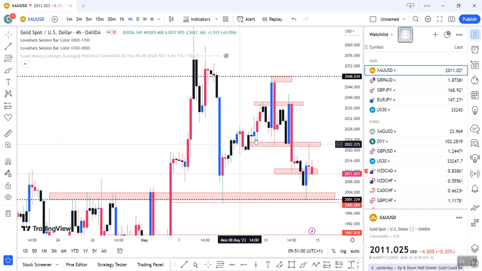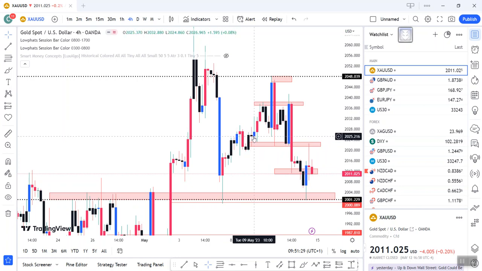Okay. So if you look at this zone I drew, you see that Asia started here, broke through the zone, then came back and retested the zone, respecting it, and then closed here.